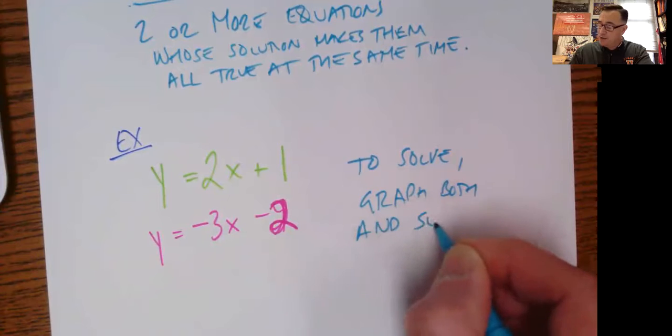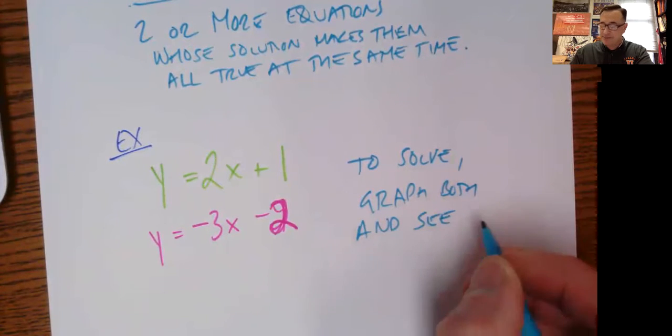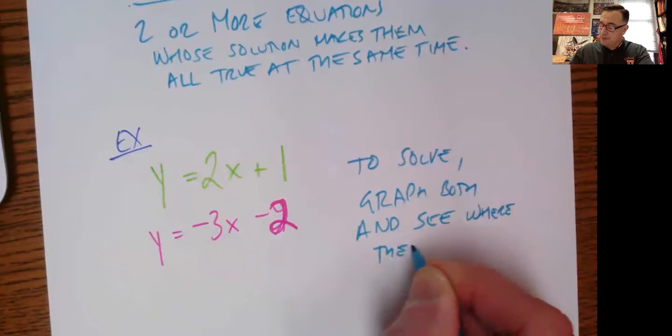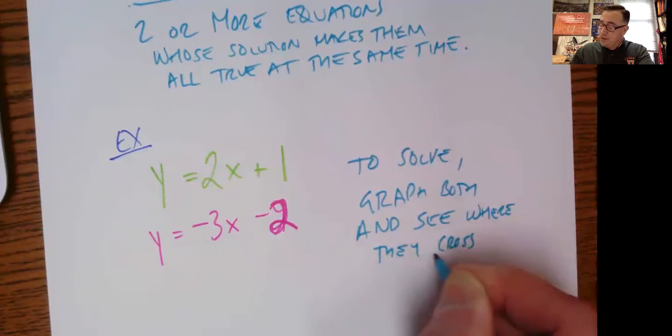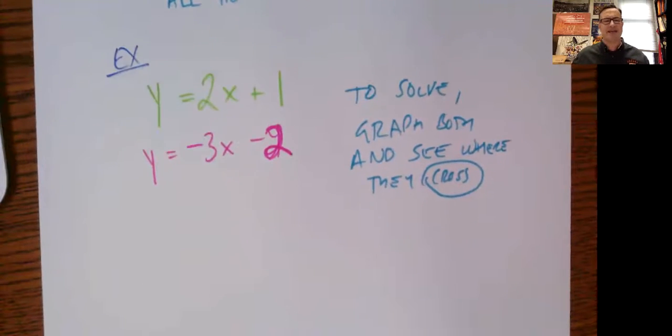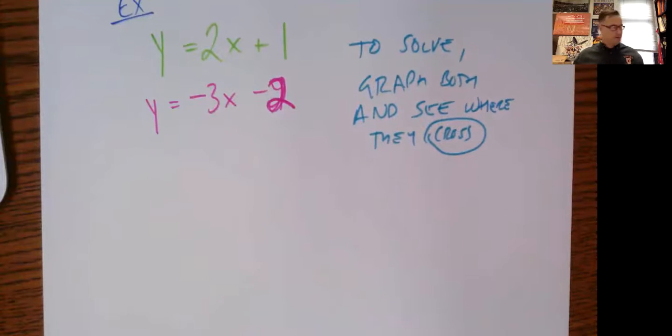Because when they cross, they have the same point at the same time. This point where they cross is a point that they both share. And if they both share that point, then it's going to be a solution to that system of equations.